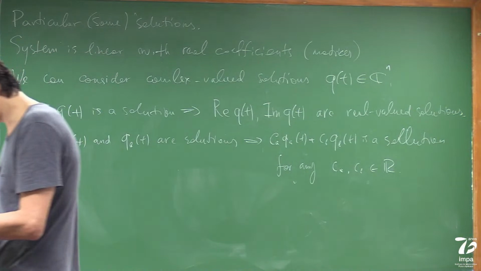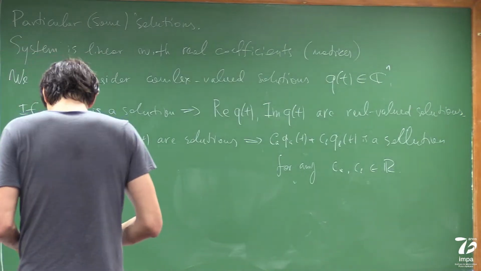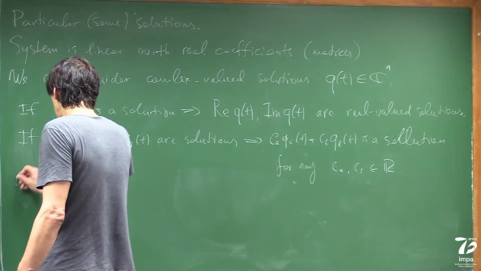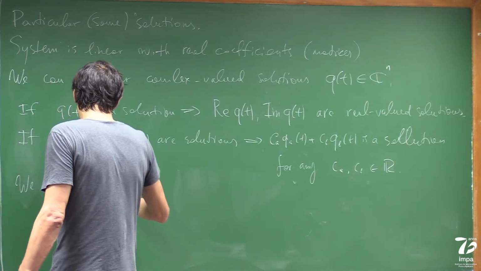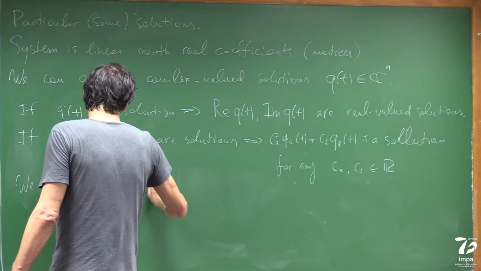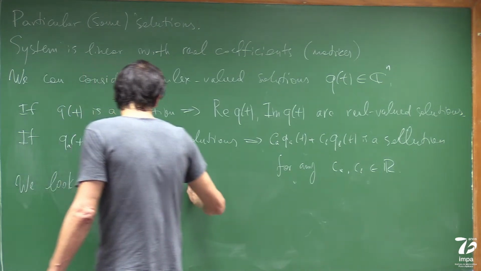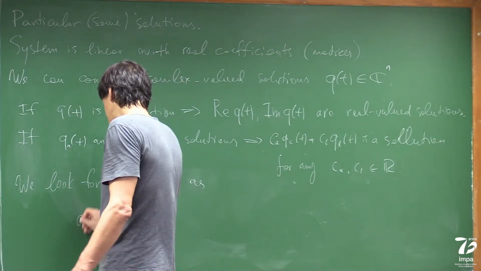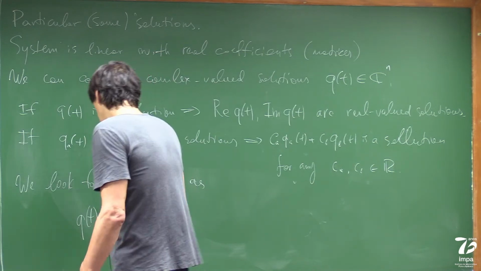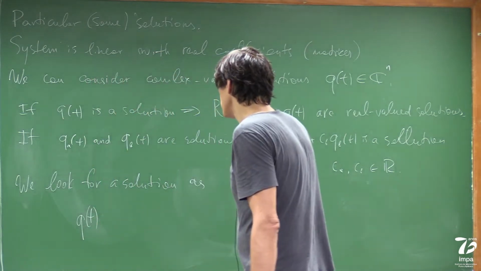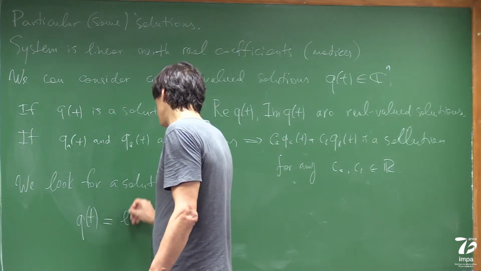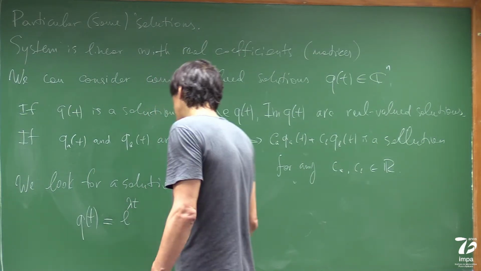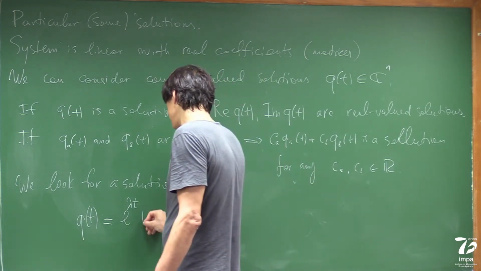So, good. So we look for a solution in a specific form. Precisely, we take the solution as an exponent of some coefficient multiplied by the vector.